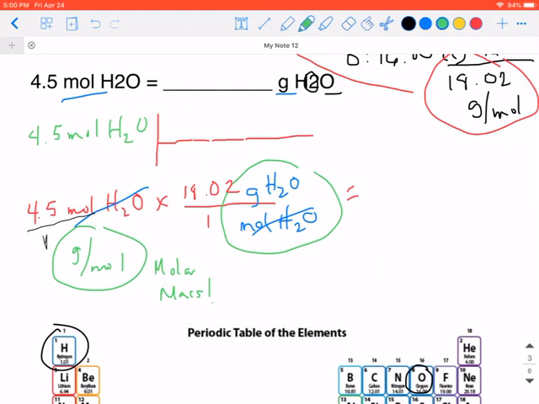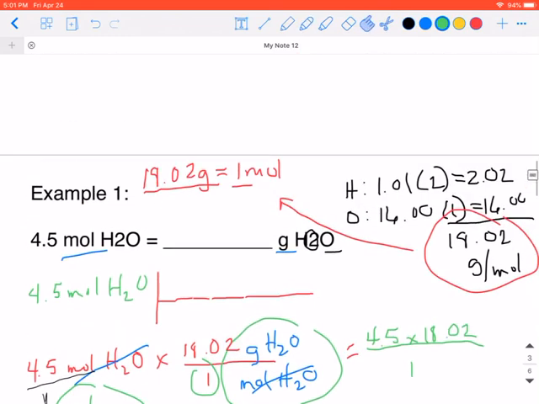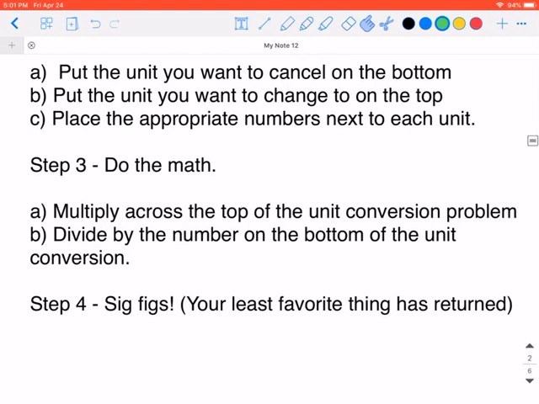So I'm going to do 4.5 times 18.02, divided by anything that's on the bottom, and my only number on the bottom here is 1. Okay? So in the end, when I put this in my calculator, I get 81.09.